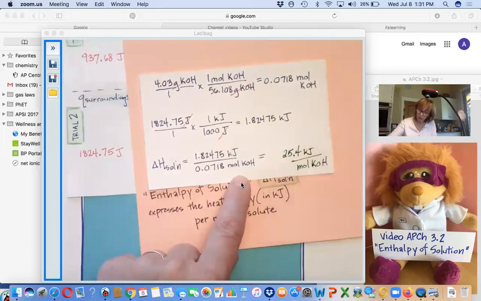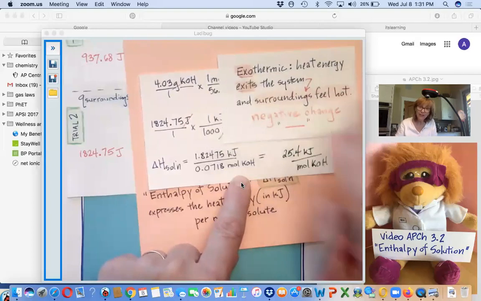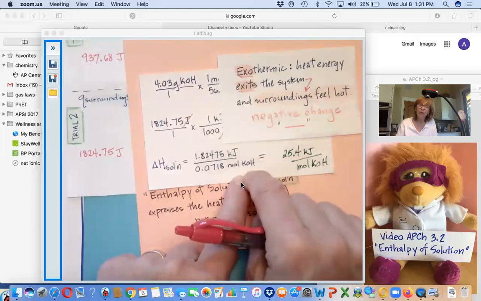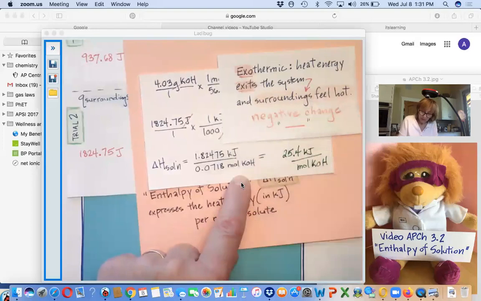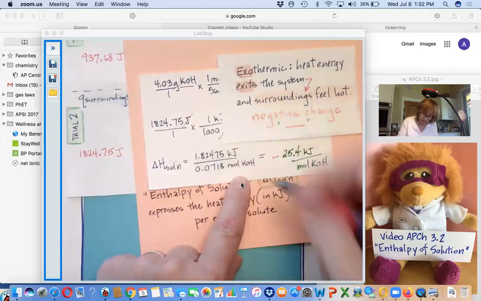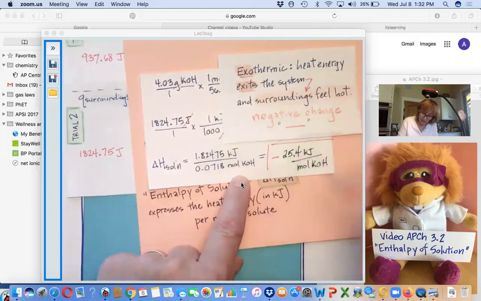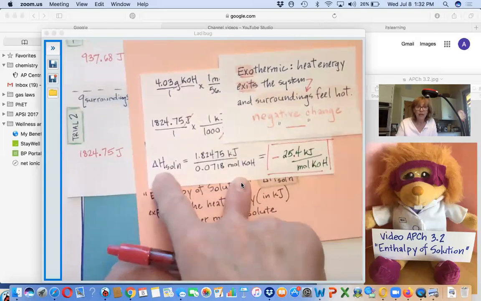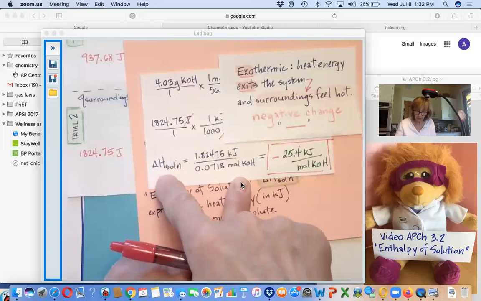Again, don't forget this step. This dissolving process was exothermic, so for the delta H, I have to denote that with a negative sign on my enthalpy of solution value.